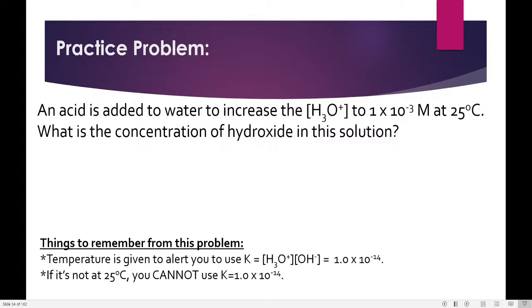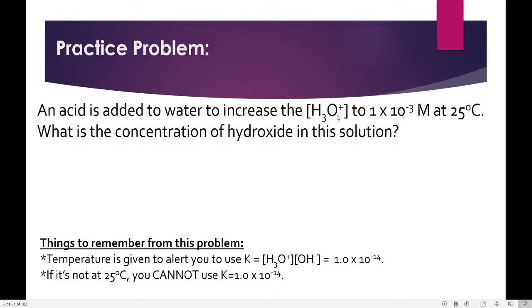All right, so let's take a look at a problem where you might use this equation. Do you first of all notice 25 degrees? Boom, there's my reminder about this equation. Now, they also give me another number. This is the concentration of hydronium. All I'm going to do is plug that number in for hydronium.